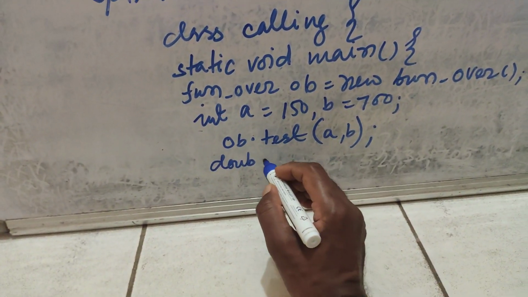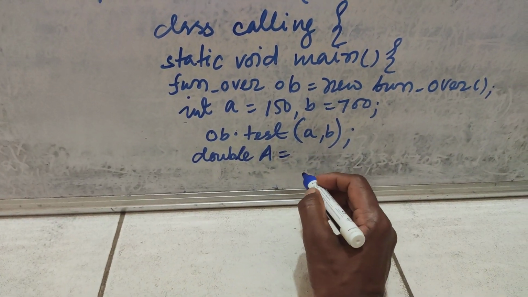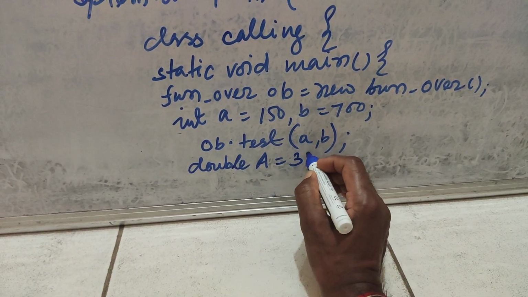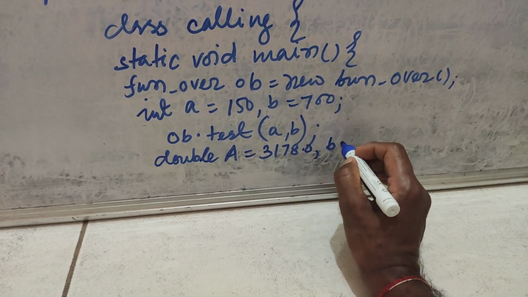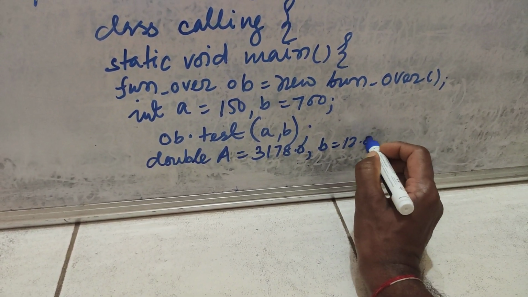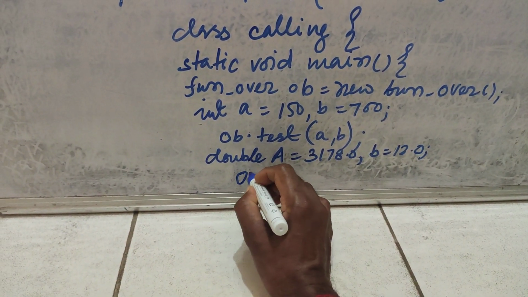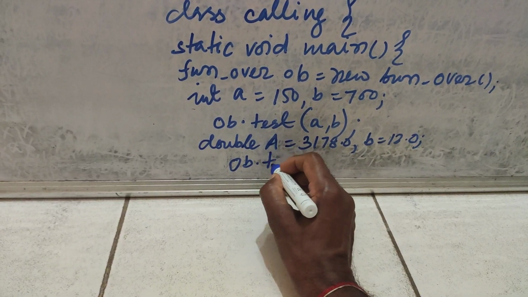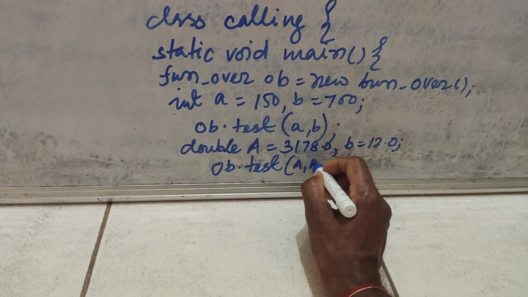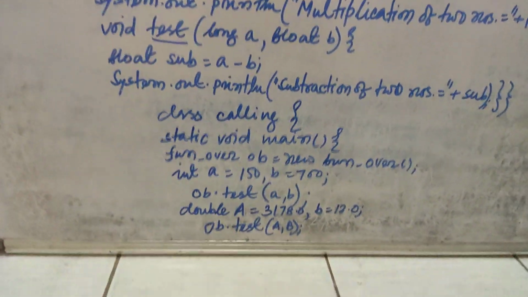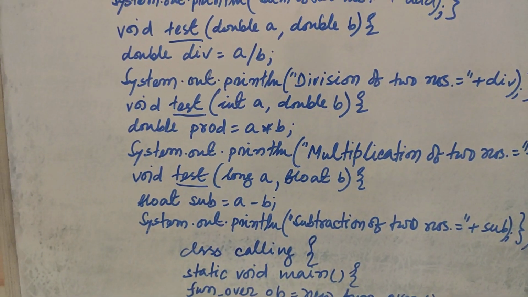So capital, it is double A equal to 10.0, B equal to 12.0. I just need to write ob dot test a comma b. Now with this the computer will call the division of two numbers.